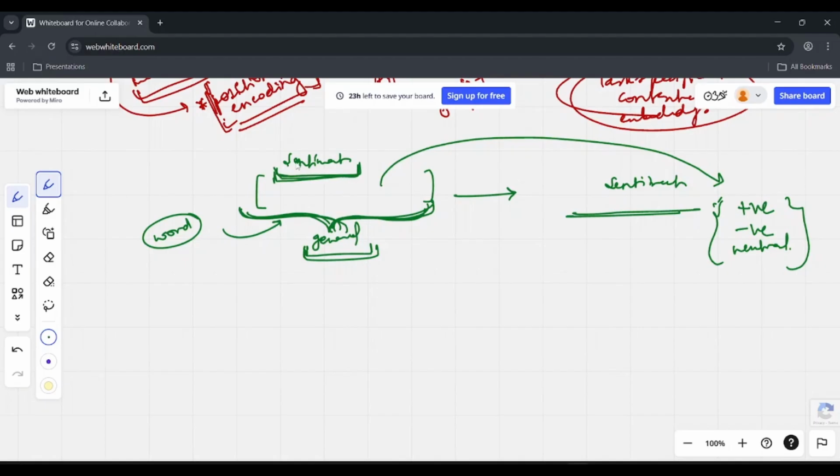We don't care about other aspects. We don't care about its meaning. The only thing that we care about is what is the sentiment of the word, so that for every word, now that I know the sentiment, I can finally give the conclusion that this is the sentiment of my sentence. So this is what task specific contextual embedding is.